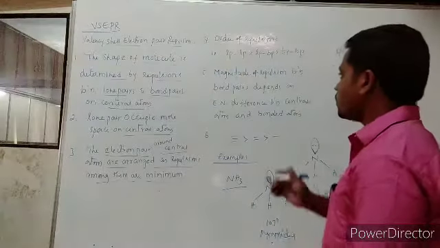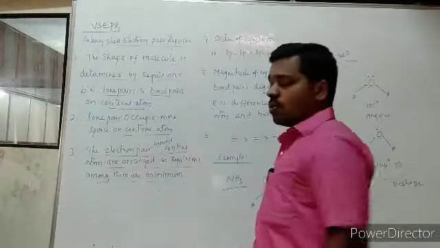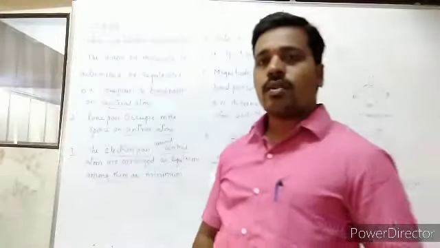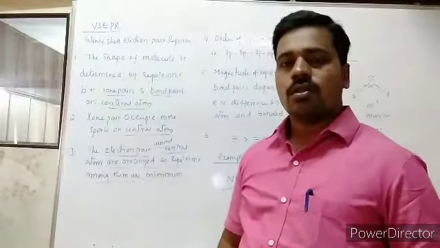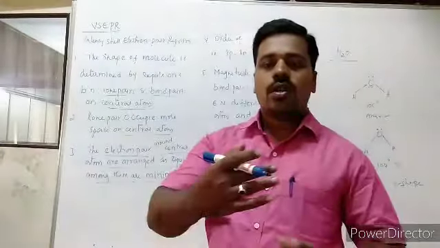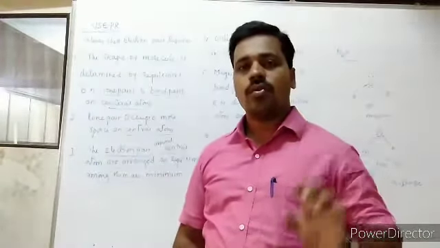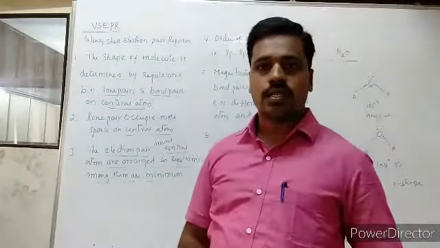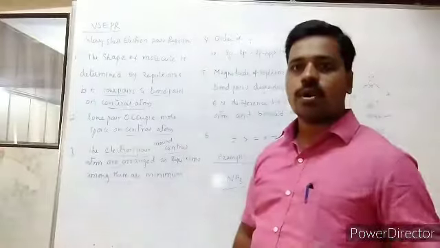After that, what is the order of repulsion? We have already told you that the central atom contains both lone pairs and bond pairs. The repulsion will be more when the central atom contains only lone pairs but not bond pairs.